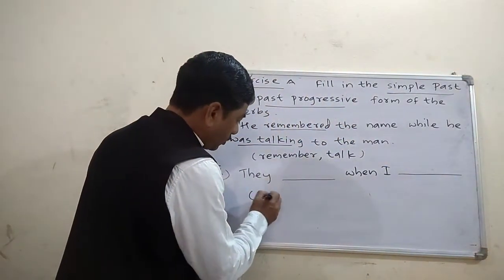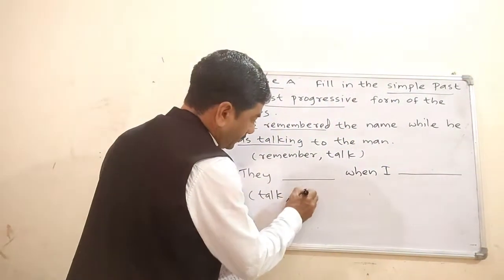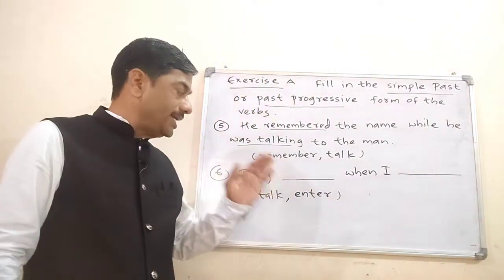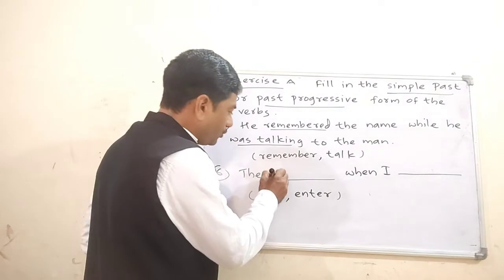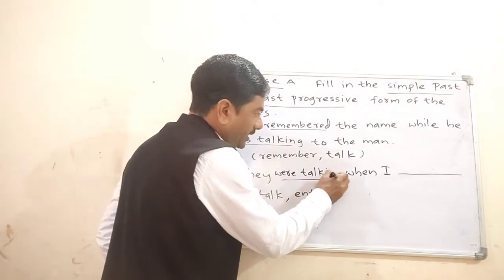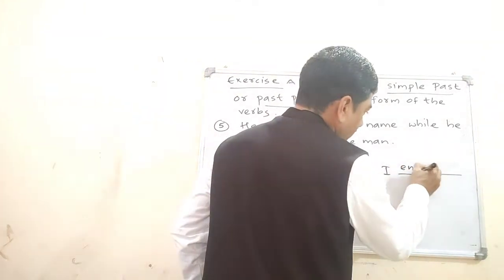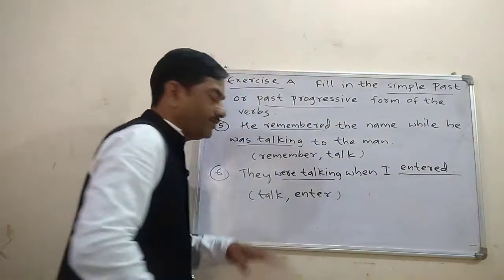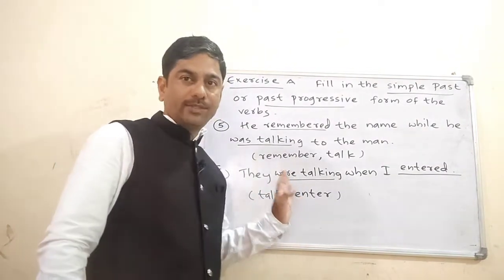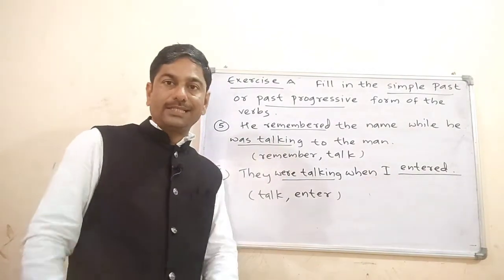There are two verbs, talk and enter. They were talking when I entered. So in the first clause we made use of past progressive, or another name is past continuous, and in the second, simple past.